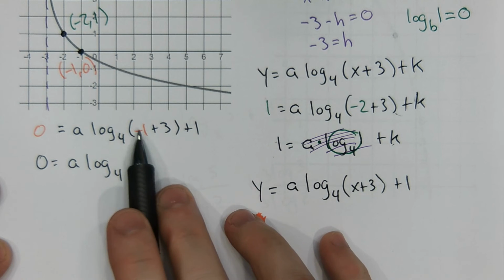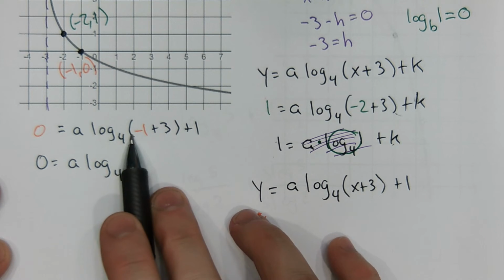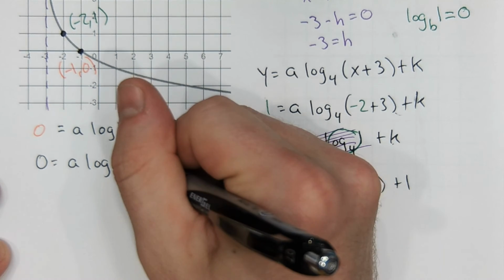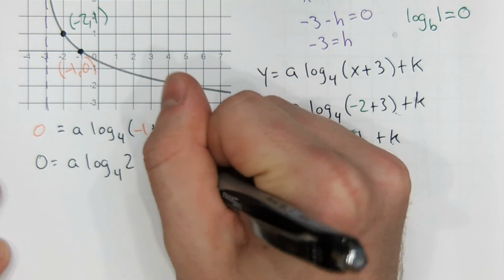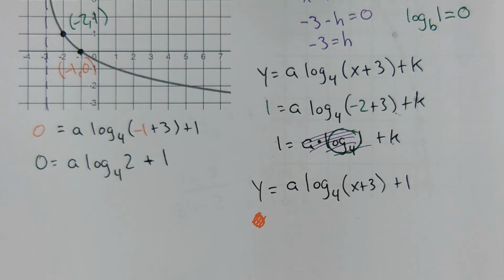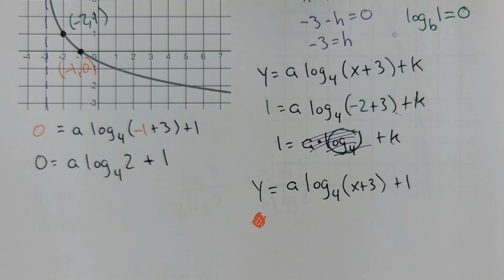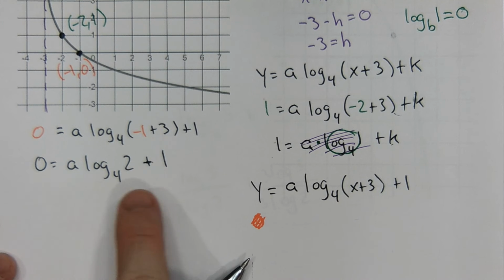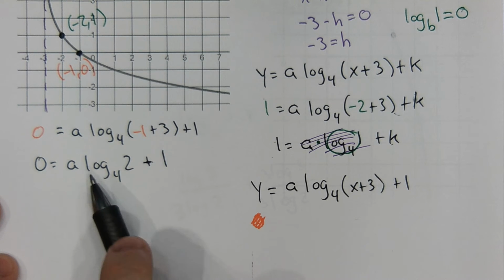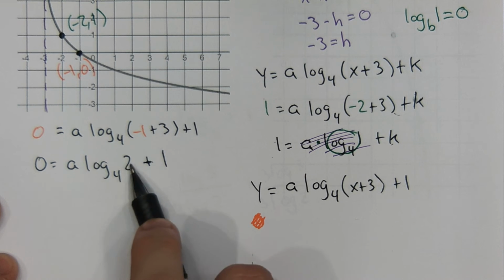Well, negative 1 plus 3 is 2. And luckily, this is one of the things that we can actually evaluate. Now, it's not the easiest thing in the world, but we can evaluate it. Remember, log says what power of. So this actually says what power of 4 gives me a 2?